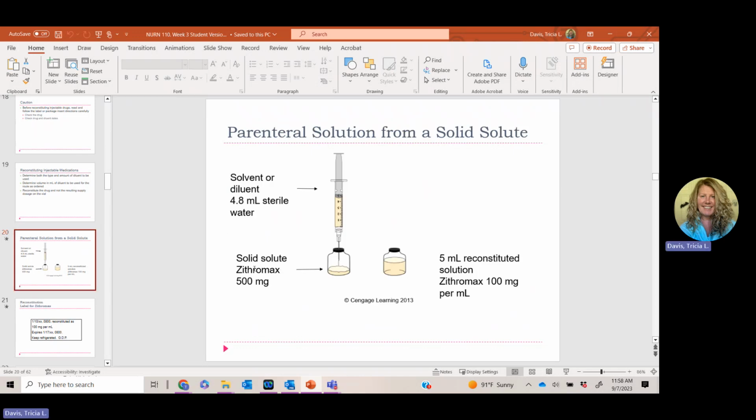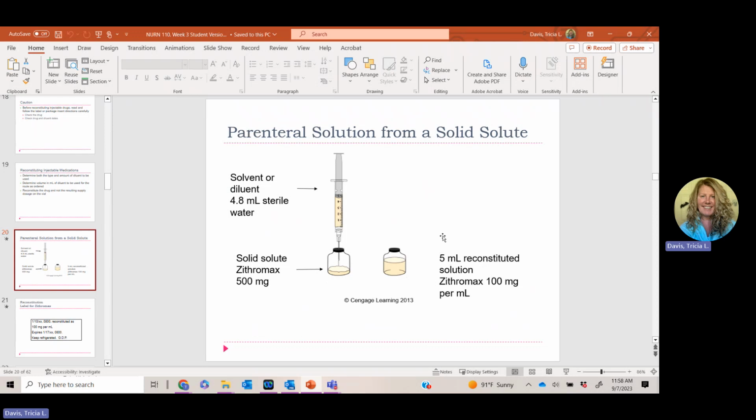So here's a good example. We have Zithromax solute, which is 500 milligrams in this container, okay? Our solvent or our diluent is 4.8 mLs of sterile water. When we add this water together, it's going to give us 5 mLs.